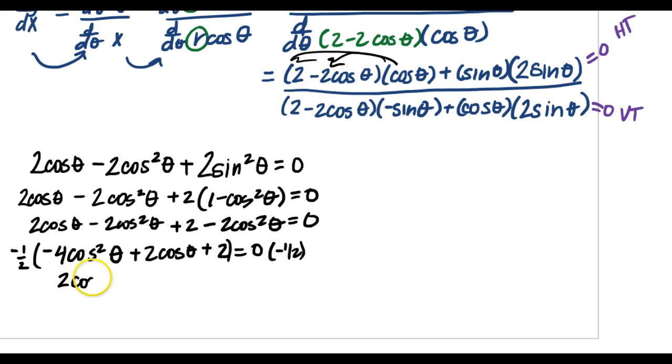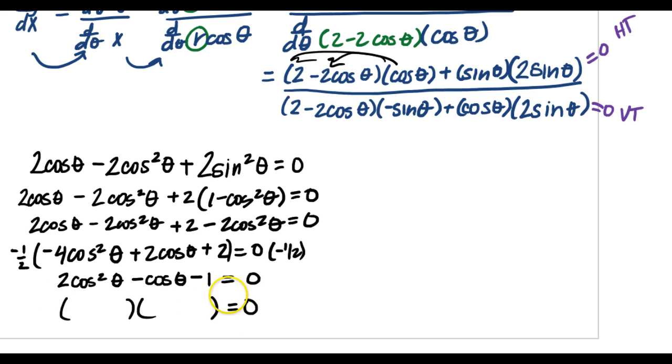So I'm going to have 2 cosine squared theta minus cosine theta, and then minus 1 equals 0. So distributing in that negative 1/2 to everything.